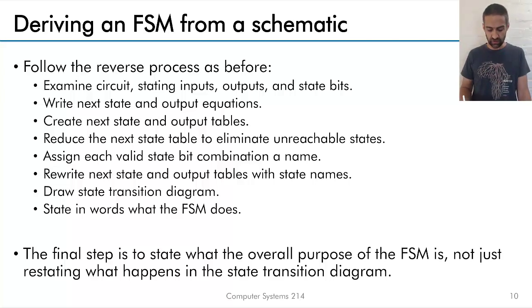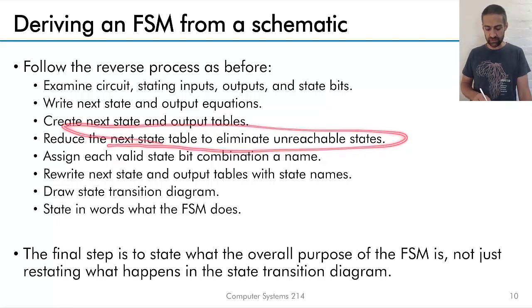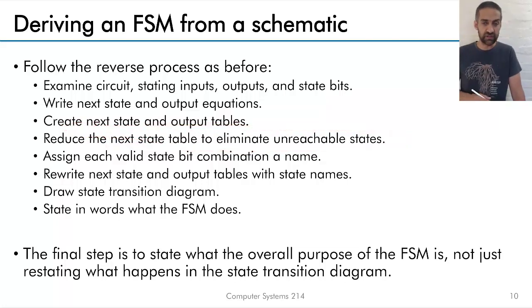We start with a circuit, so we examine the circuit, and then we write down the equations. Then we create the state tables, then we change the tables to throw away all the unnecessary states, the don't care conditions or the illegal states.